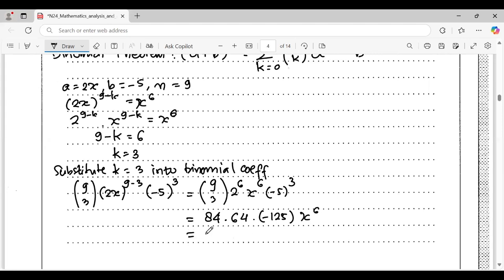If you calculate, the result is minus 672,000 x power 6.